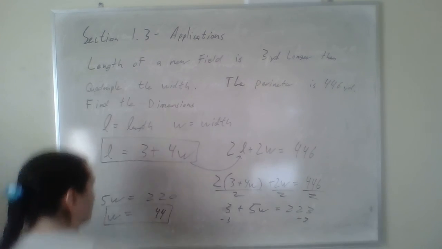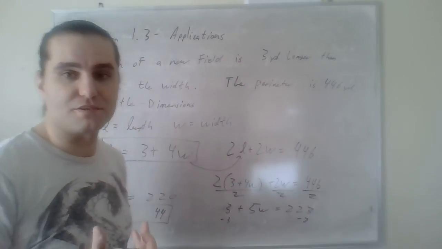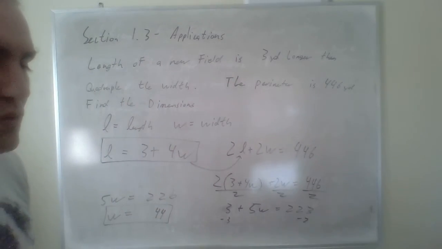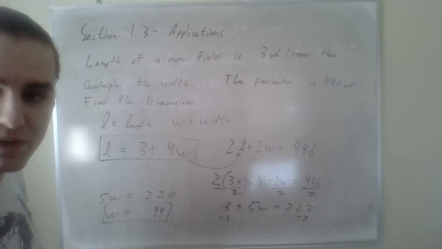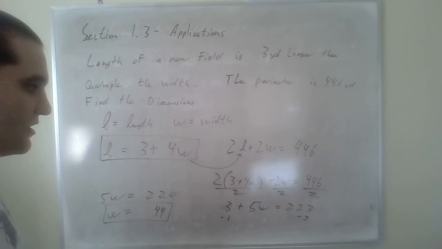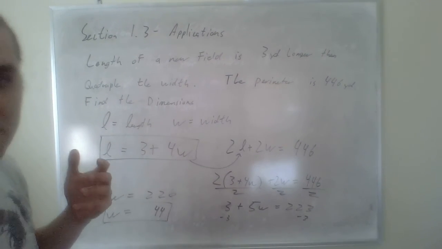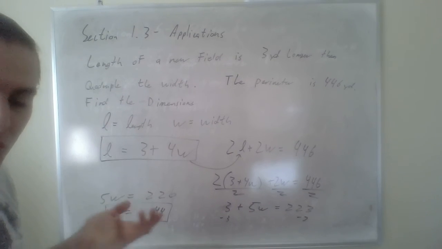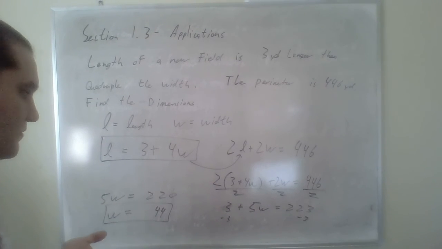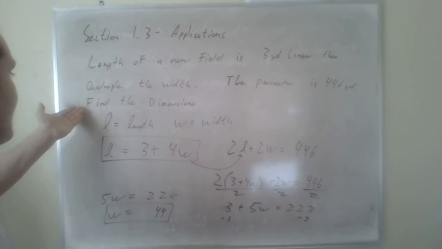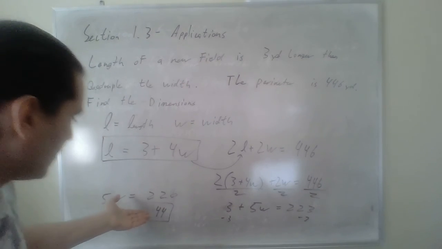Once again, we're not quite finished. We need to go back to what the original question was asking to make sure that solving this equation has adequately answered this question. Or maybe we need to do a little more if it hasn't. The question is, find the dimensions. So we have one of these.